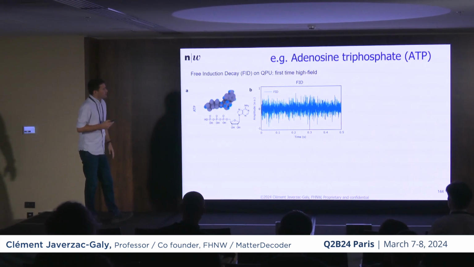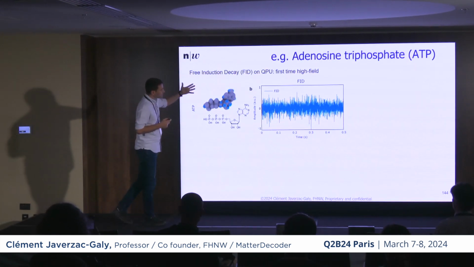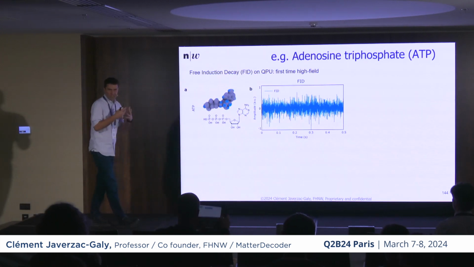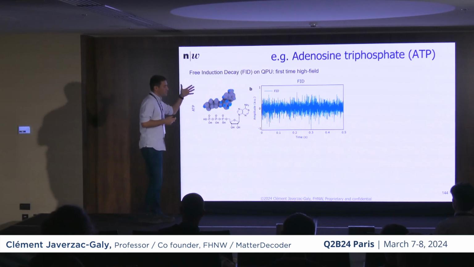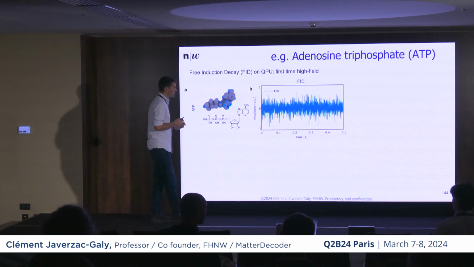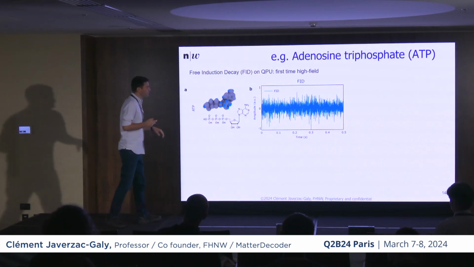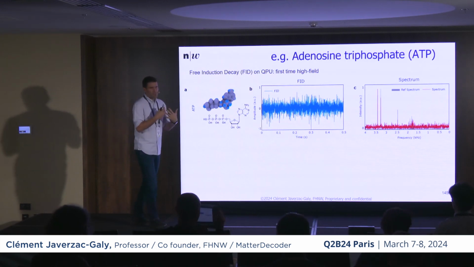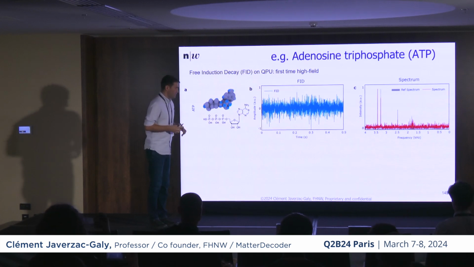And so shifting to the results, for this Hamiltonian dynamics, we measure at the end the magnetization, like in an NMR experiment, and this is called the free induction decay. This is how the spin decays over time after this pulse excitation. This is an example of the FID for ATP. Then we can look at the spectrum and compare it to real NMR spectra that we did in the lab with an actual NMR experiment.